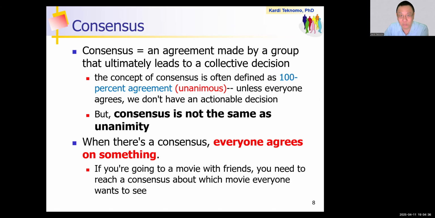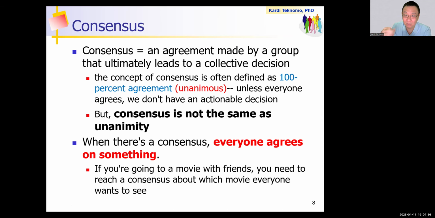unanimous and consensus. So what's the difference? When we say consensus, that means it is an agreement made by the group to ultimately lead to a collective decision.